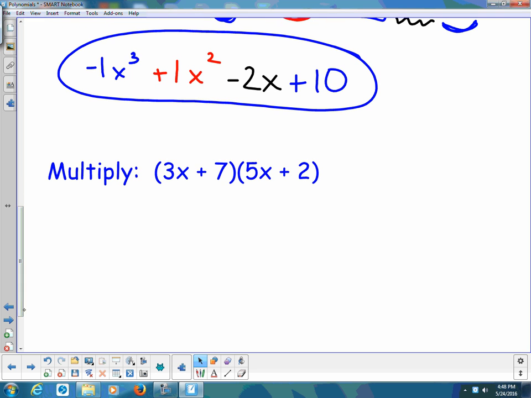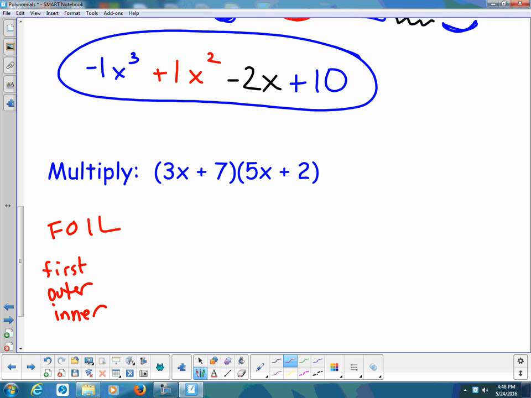All right, let's take a look at some examples of multiplying. If I want to multiply a binomial times a binomial, the best way to do that would be to use FOIL. If you're familiar with that term, that means first, outer, inner, and last. So if I'm going to multiply this using FOIL, I'm going to multiply the first terms together. 3x times 5x is 15x squared.